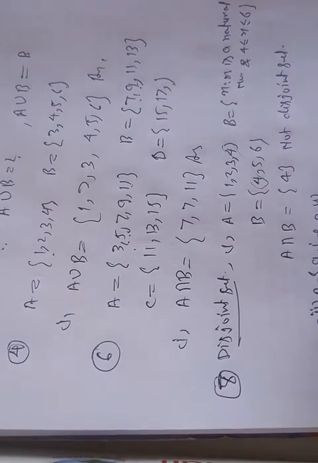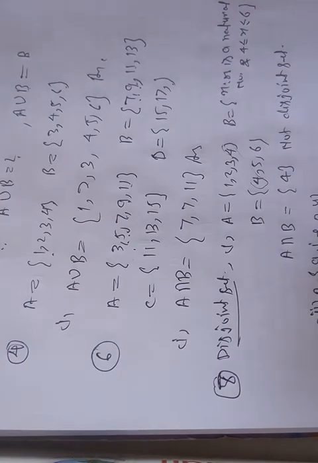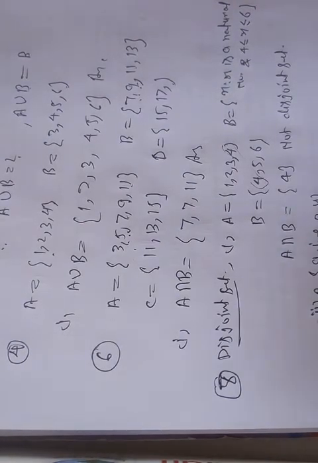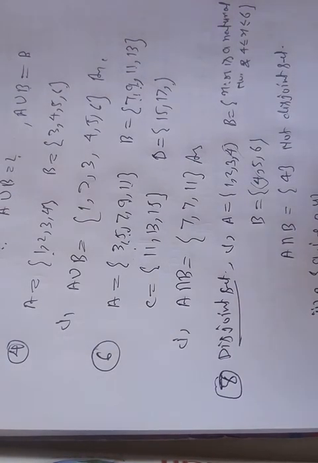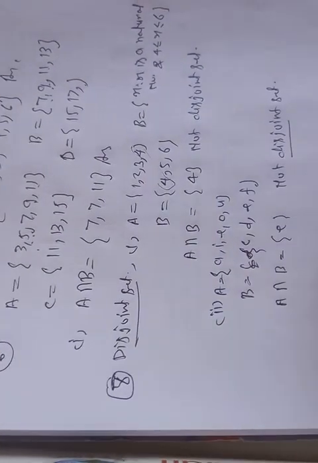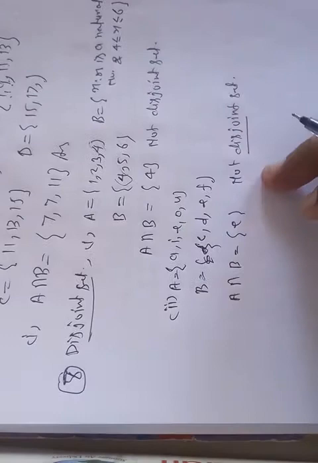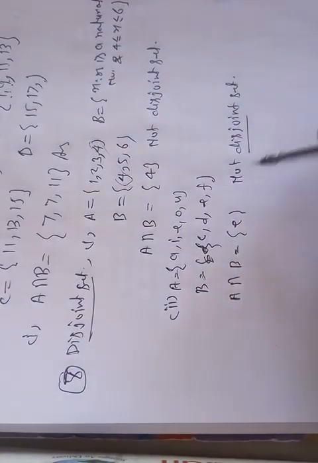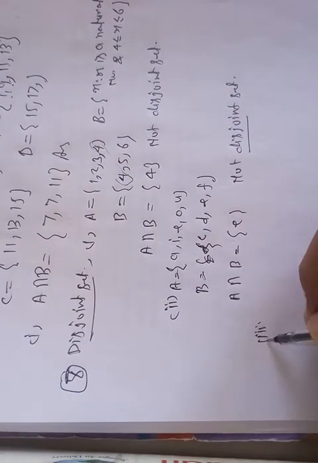Then A intersection B equals {E}, since E is common. This is not a disjoint set. The intersection is E, so it is not a disjoint set.